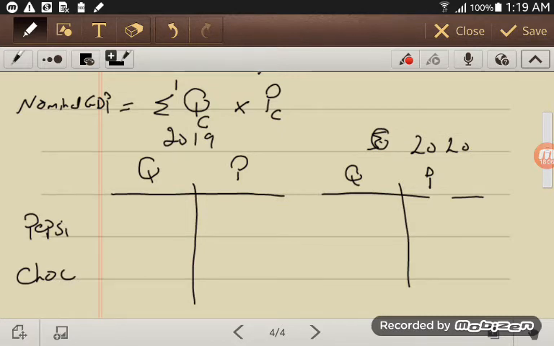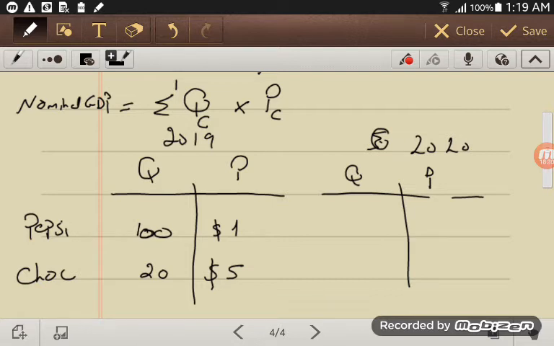If the number of units produced of Pepsi in year 2019 is 100, the price per unit is $1. And with respect to chocolate, it's 20 units. The price per unit is $5.